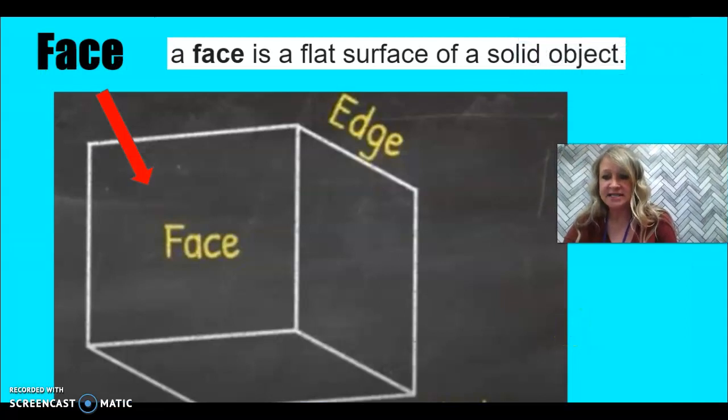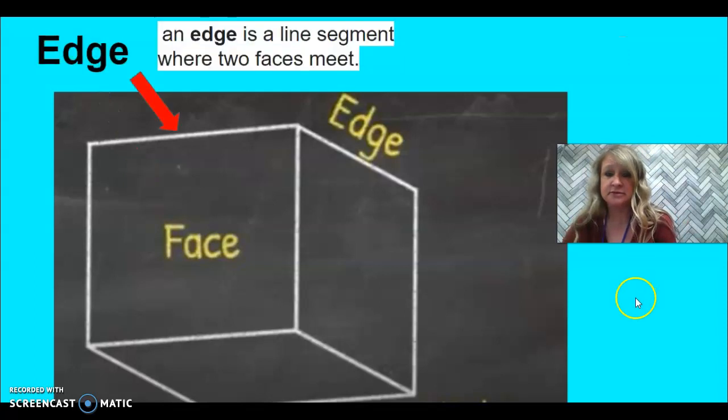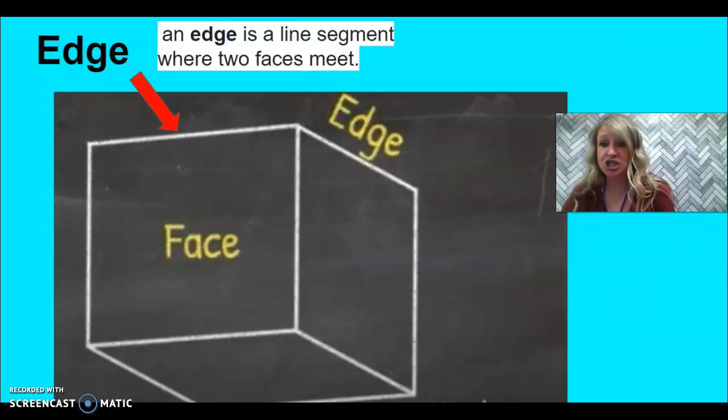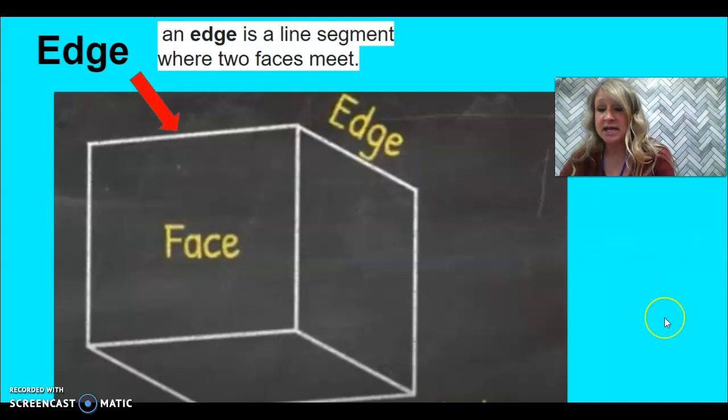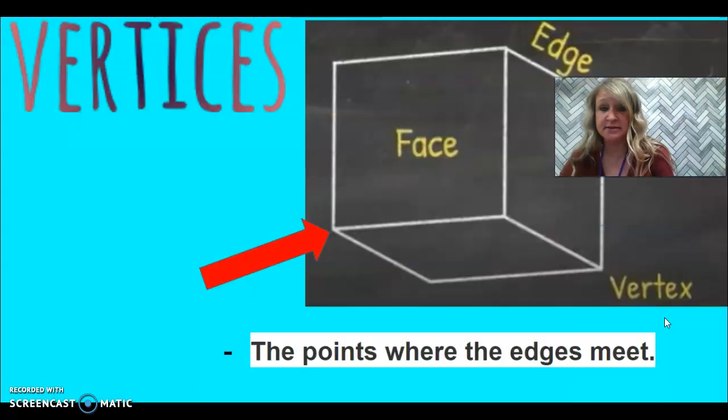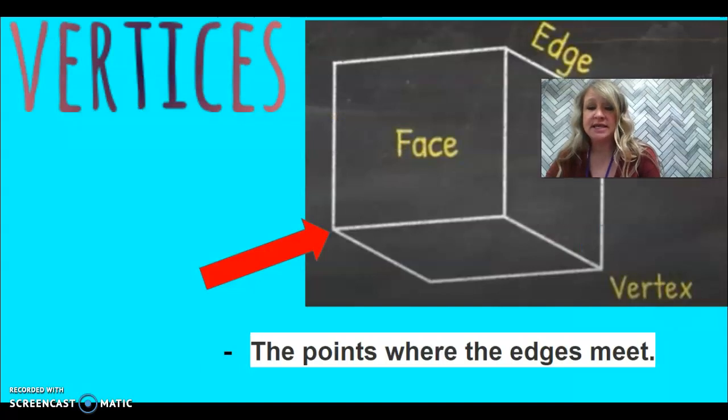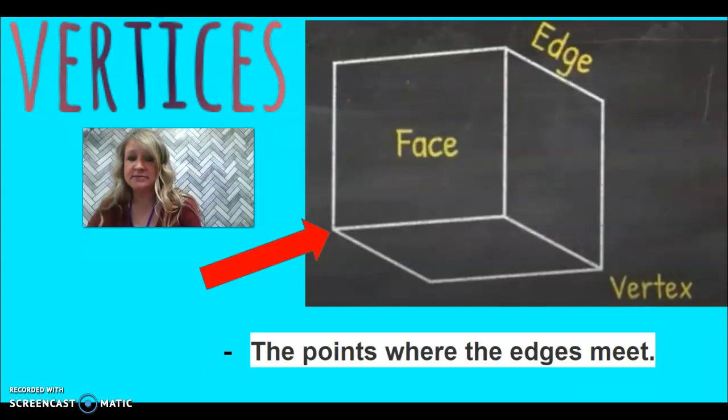Face. Say face. A face is a flat surface of a solid object. Edge. Say edge. The edge is a line segment where 2 faces meet. Vertices. Say vertices. Vertices are the points where the edges meet.